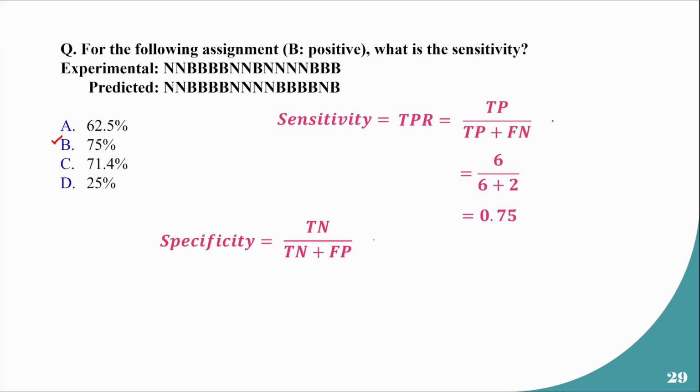First we have to identify the true negative and false positive values, right? And then we can just put that together to get the answer. Try to calculate it and share in the chat.